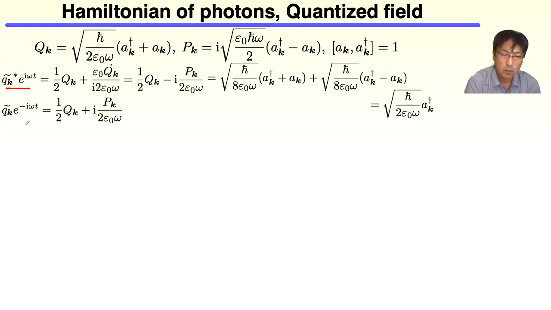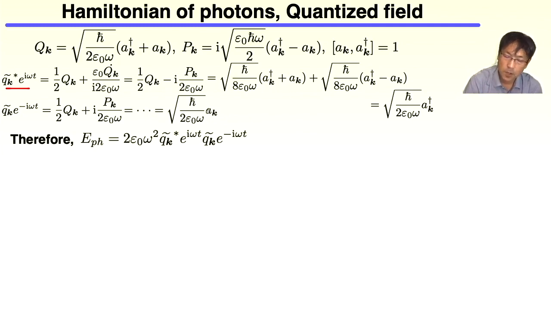By the same manner, we can also calculate small qk tilde times exponential function of minus i omega t. I skipped the detail, but finally we get that this quantity is proportional to the annihilation operator ak. Then when we remind that the energy of the electromagnetic field can be expressed like this one, we replace this one and this one by these results.